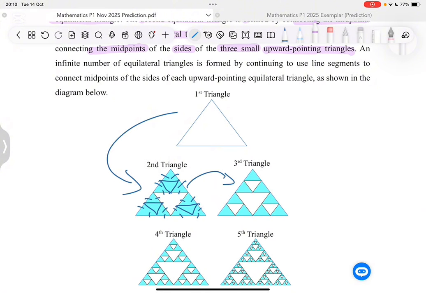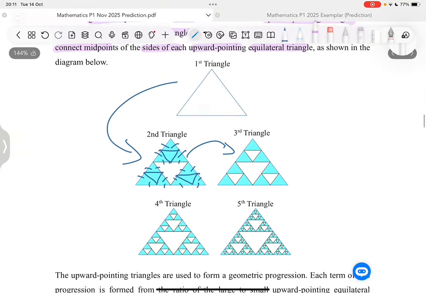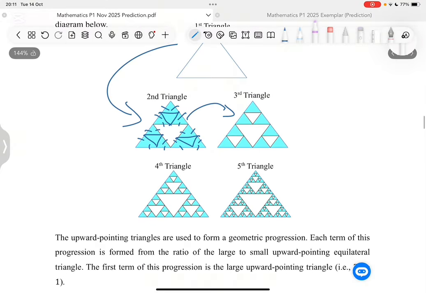Now, they say here that an infinite number of equilateral triangles is formed by continuing to use line segments to connect the midpoints of the sides of each upward pointing equilateral triangle as shown in the diagram below. So what they mean here is that we continue doing the same pattern, cutting these triangles, the upward facing ones, so that we cut the midpoints like that in all these triangles.